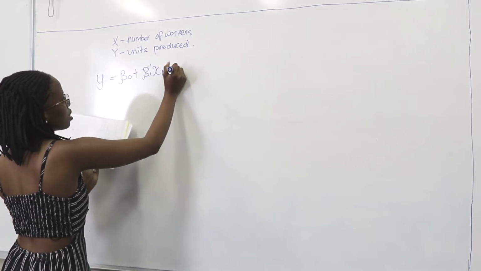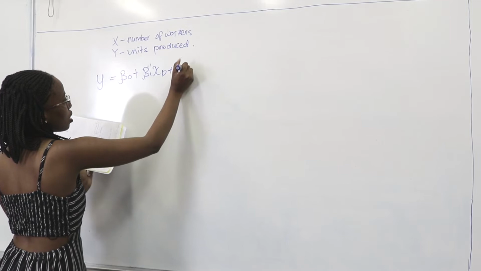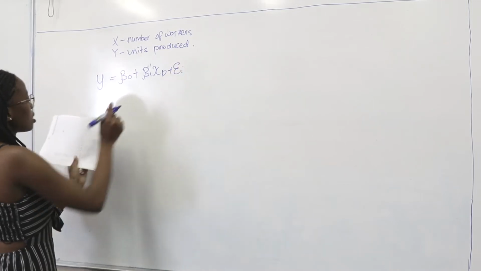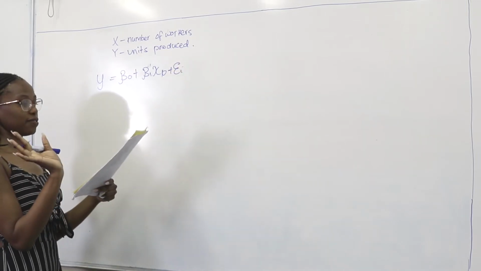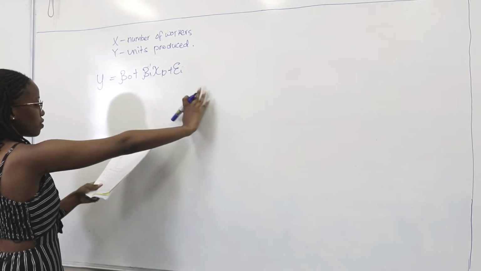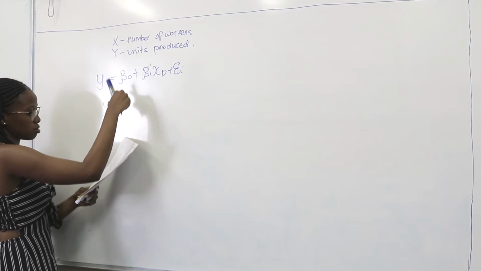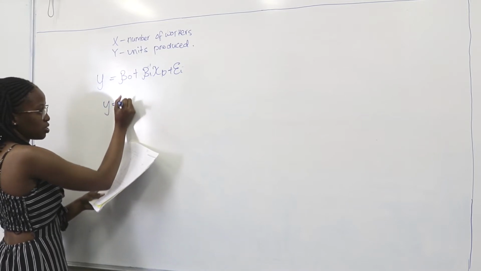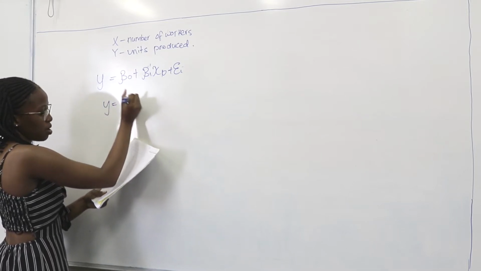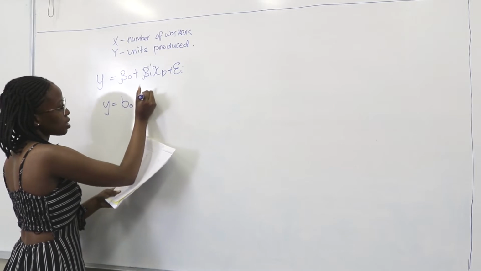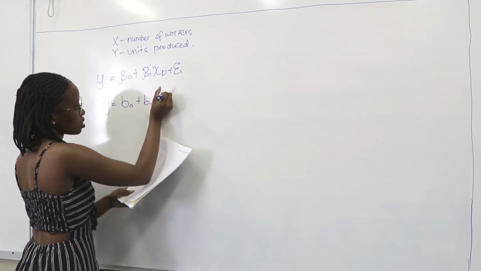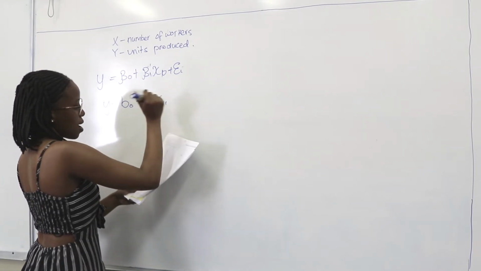And since we don't have the population, because this is the equation of the population, what we're going to do is use the closest approximation to this, which is going to be b0 plus b1 x1.